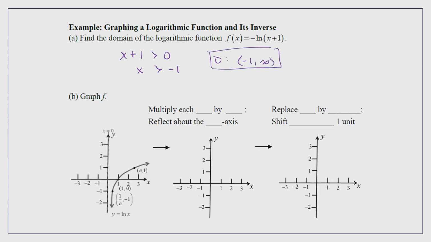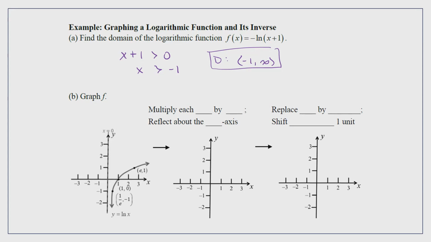Now we are going to graph f of x. We're first going to start off with our base, which is the natural log function, and then we're going to apply transformations to help us get our function f of x.